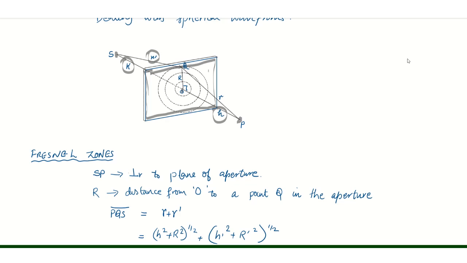This Q itself is at a distance R from the center of the aperture. And the distance PQ is R. The two primed quantities are on the source side and unprimed quantities on the observation side.